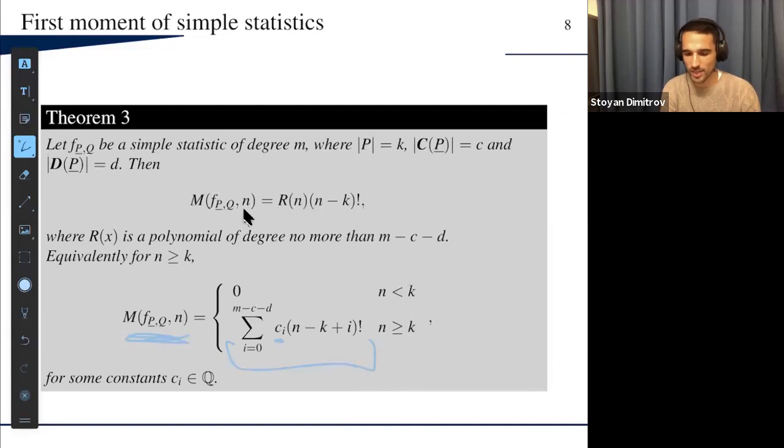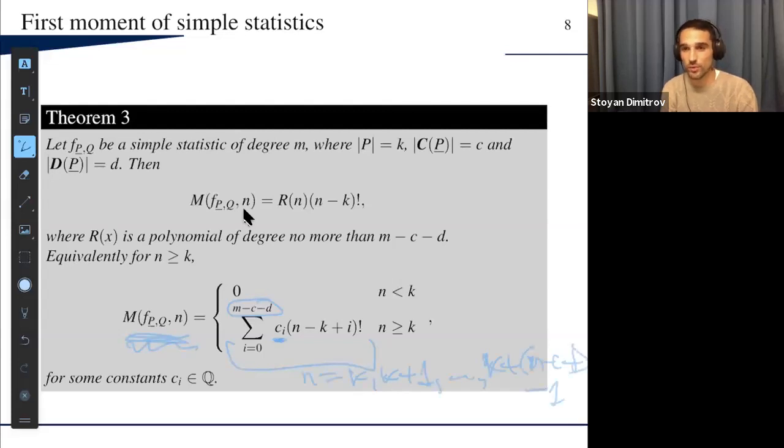And how can I find this? Well, I have that many coefficients C that I need to find. To do that, I will just compute by brute force the left-hand side for n equals k, k plus 1, and so on, up to k plus this number minus 1.